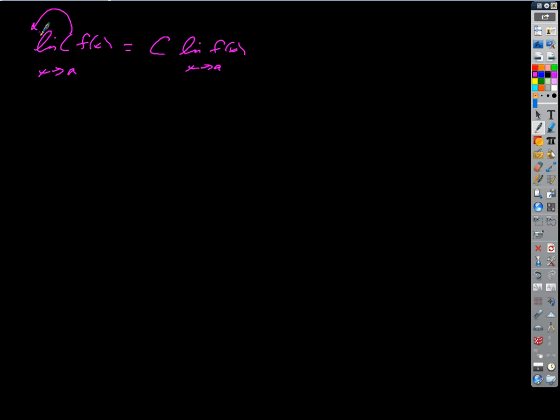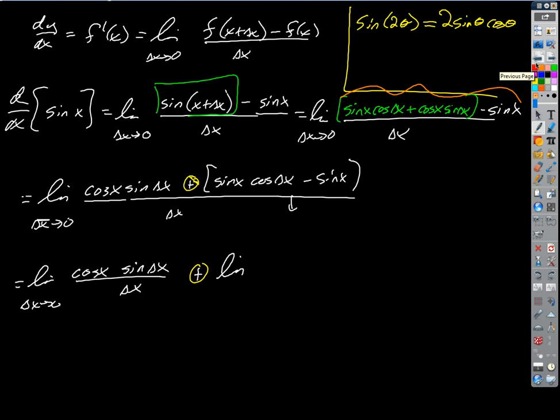Because c must not have had any x's in it, right? Well, in this case, it's not x, it's delta x we're concerned about. This isn't a cosine of delta x, it's a cosine of x. So as far as this limit is concerned, delta x is the variable of the limit. This cosine doesn't have any delta x's in it, so it can come out front, right?